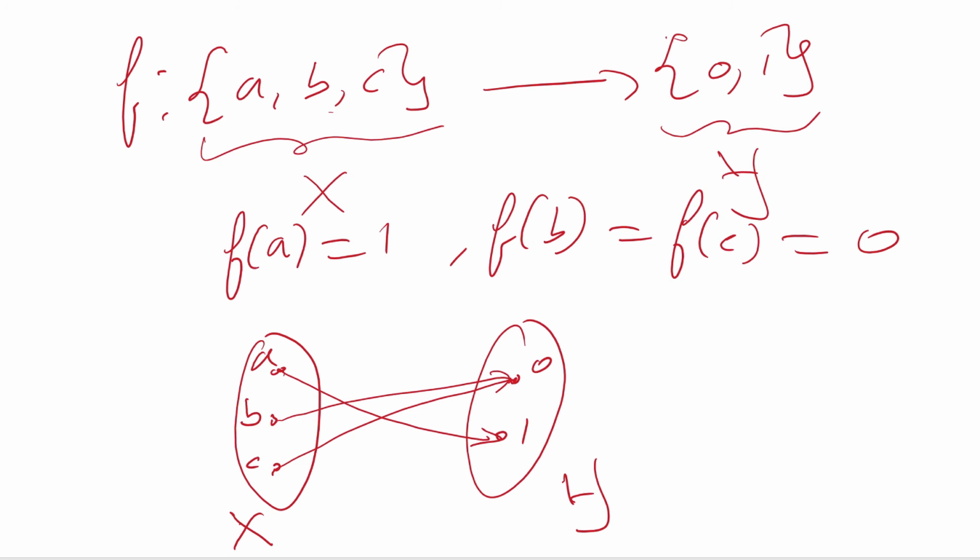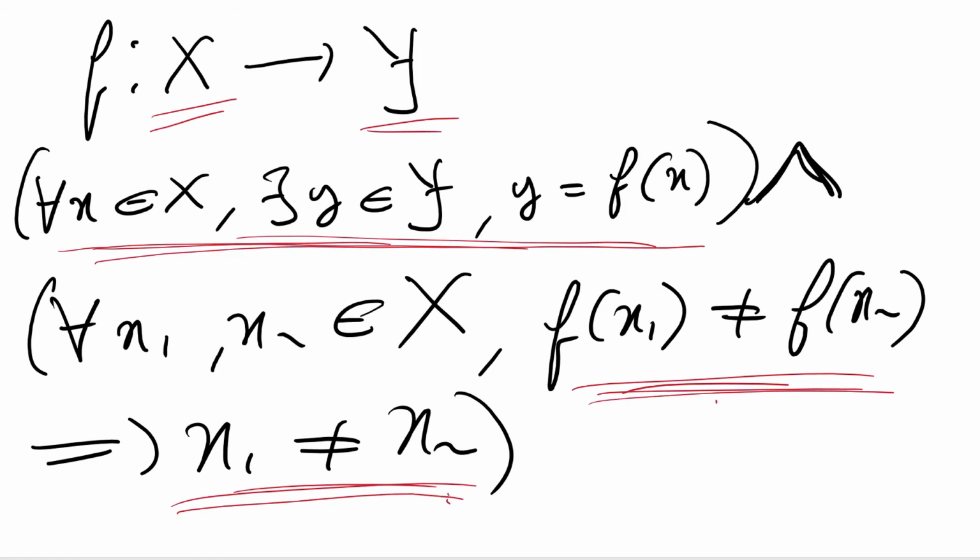So every element in the domain maps to something in the codomain. So the first part is true. When I say the first part, I mean the first part of this: for every x in X, there must exist a y in Y such that f of x equals y. So this is true already.